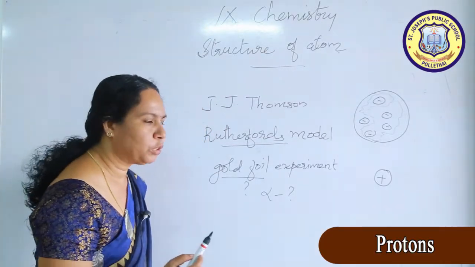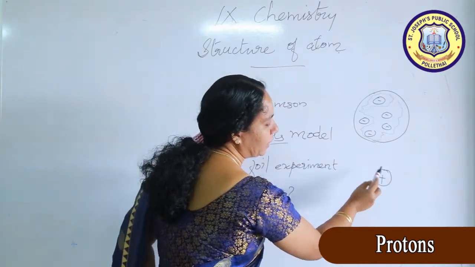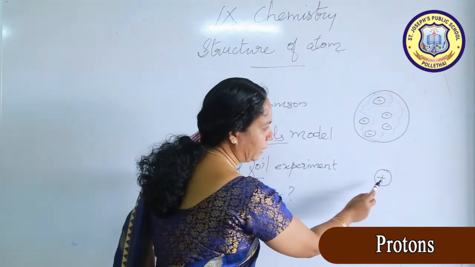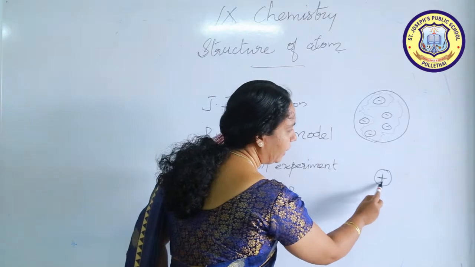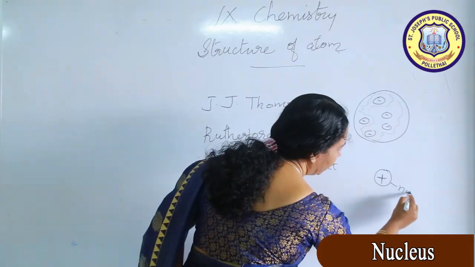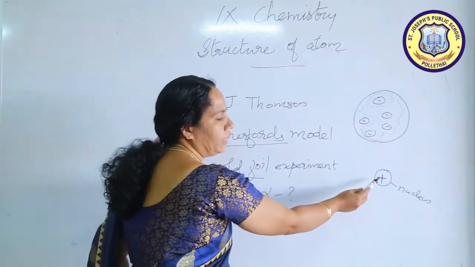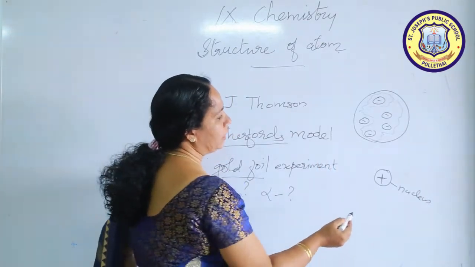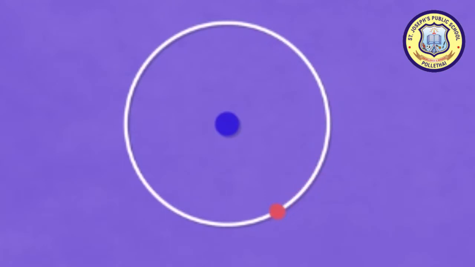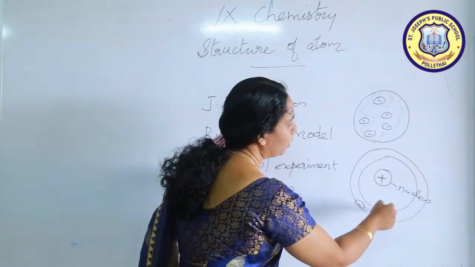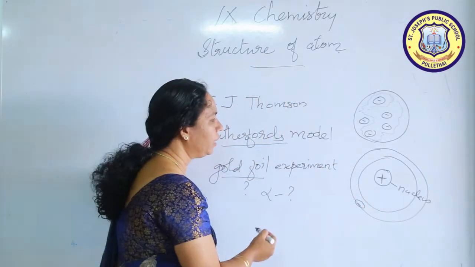It is protons. Atom has a center, which he called the nucleus, and protons are present inside the nucleus. Then he said electrons are revolving around the nucleus through different paths.